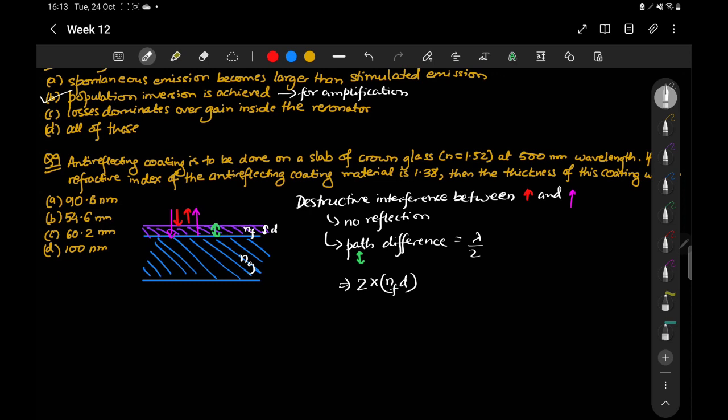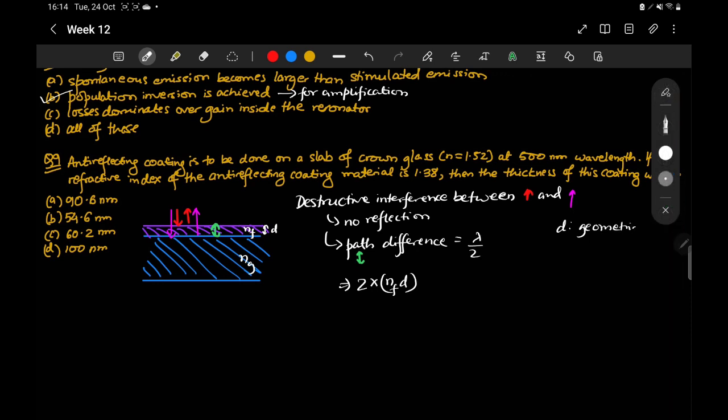Nf is the refractive index and d is the thickness of the film. Why Nf times d? Because d is the geometric path and Nf d will be the corresponding optical path. So 2 Nf d equals lambda over 2. This gives me d equals lambda over 4 times Nf.